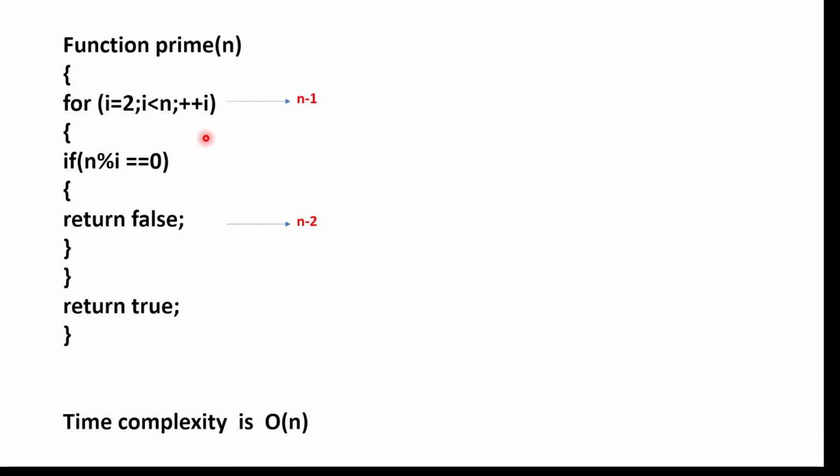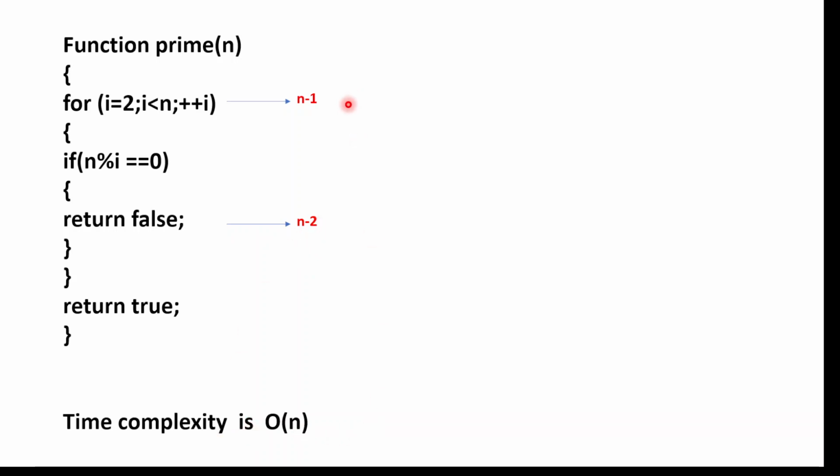So this statement will get executed n minus 1 times because i is starting from 2 and it continues until i is less than n. Since the for loop is executed n minus 1 times including the final conditional check, the statement inside the for loop will get executed n minus 2 times.